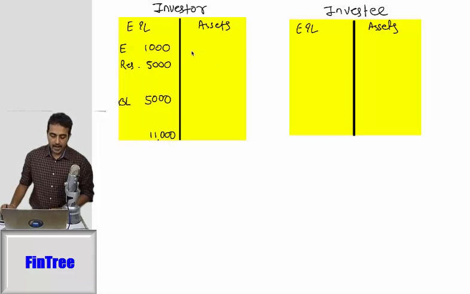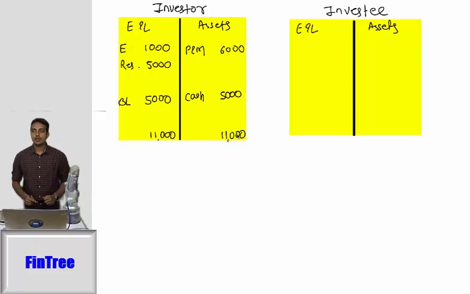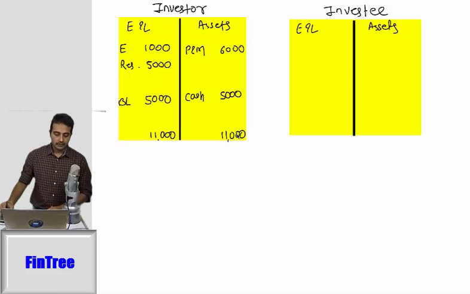Then they have plant and machinery 6,000. Cash 5,000. Balance sheet total 11,000. This is the balance sheet of the investor.